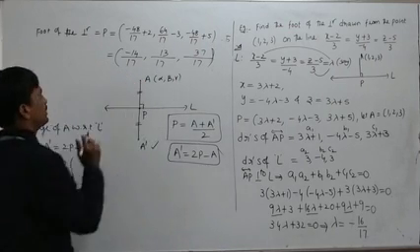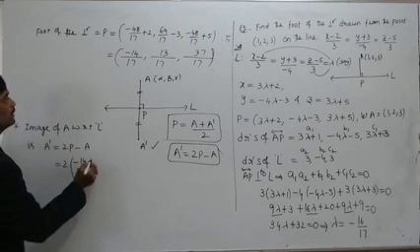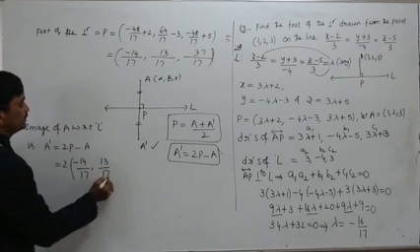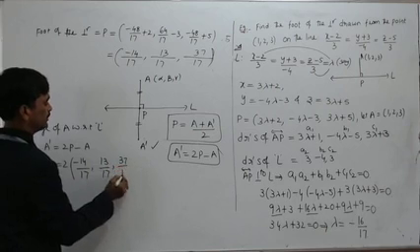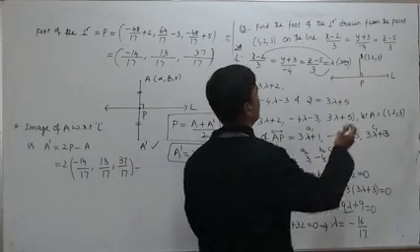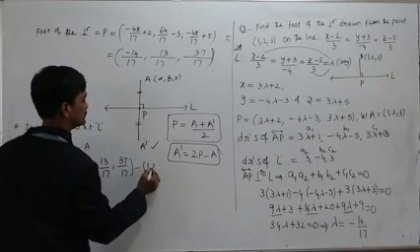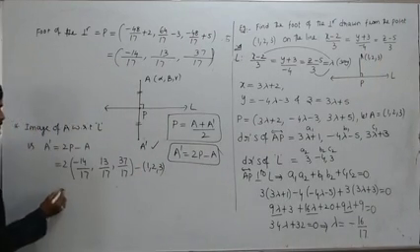We got the foot of the perpendicular coordinates as minus 14 by 17, 13 by 17, 37 by 17, minus A. What are the coordinates of A here? 1, 2, 3.